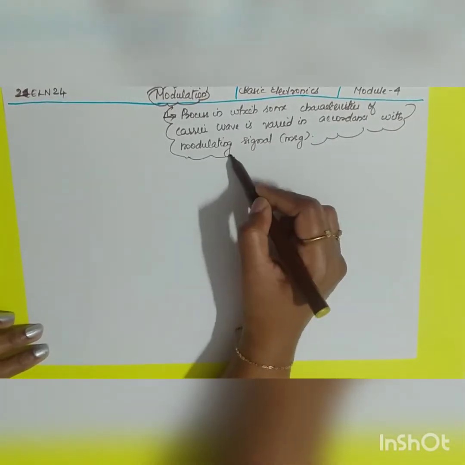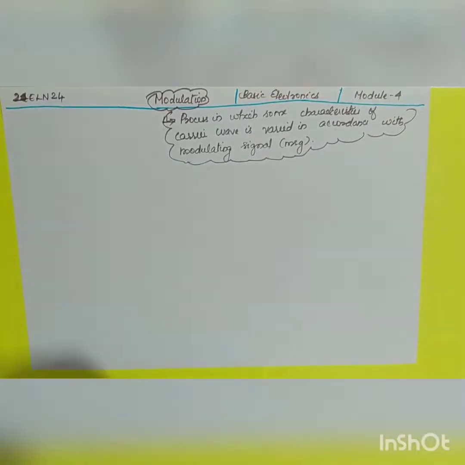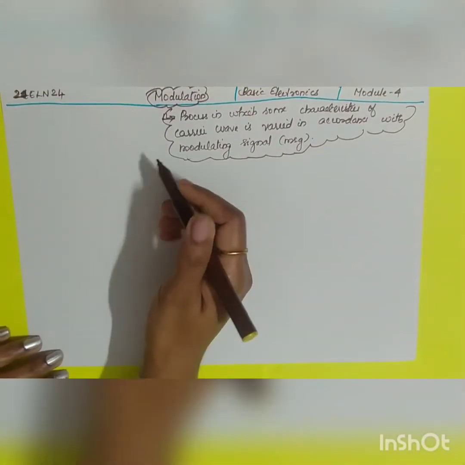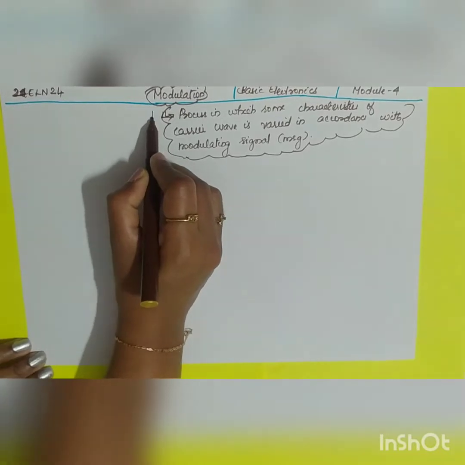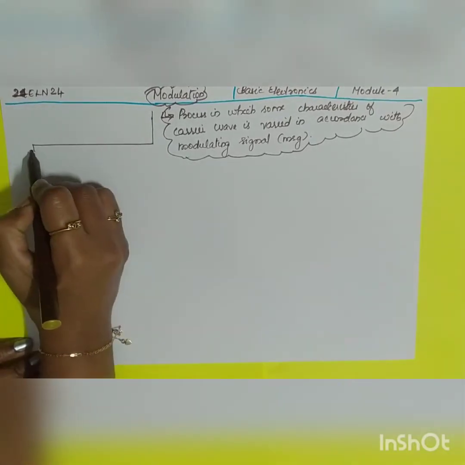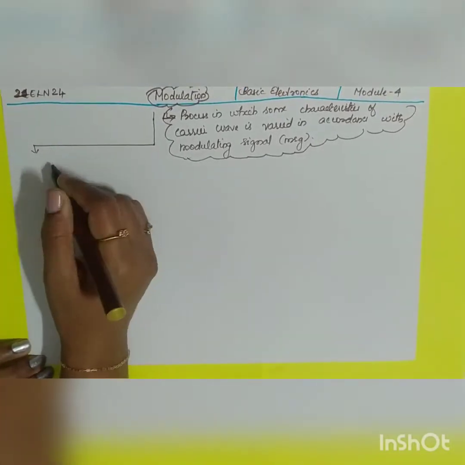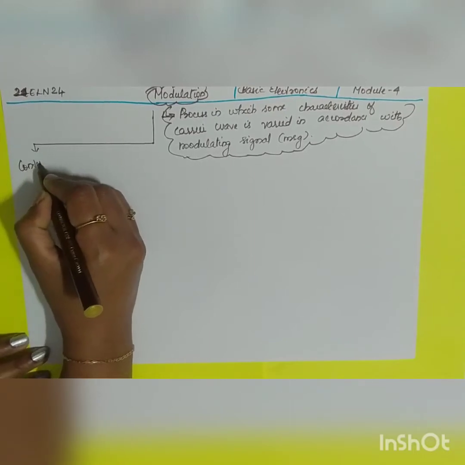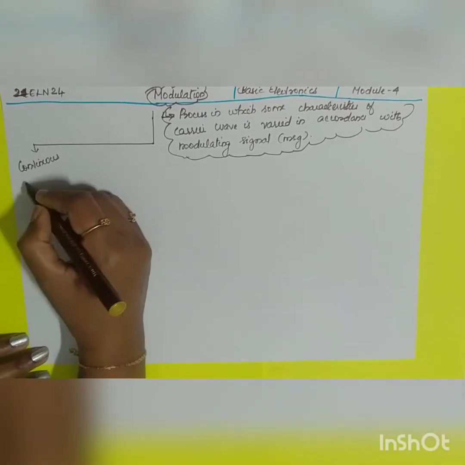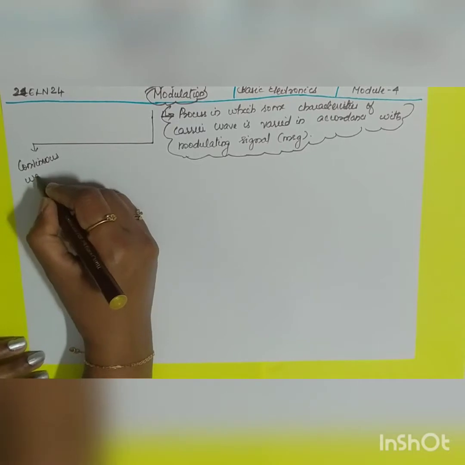So what may be these characteristics? It can be amplitude, frequency, phase, etc. So based on these characteristics, the modulation can be mainly classified into two different types, okay. So one is called as continuous wave modulation.